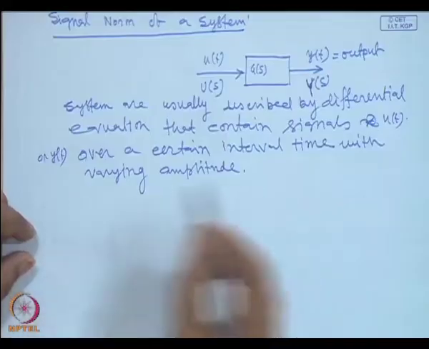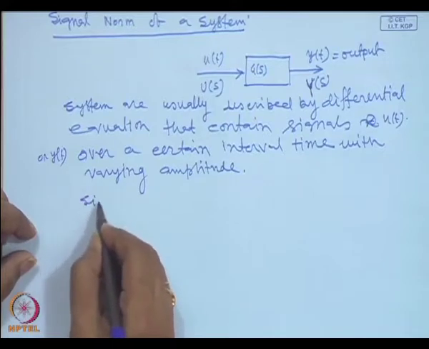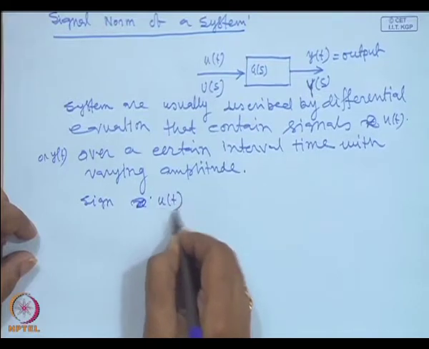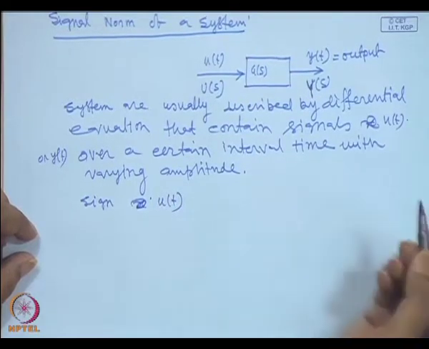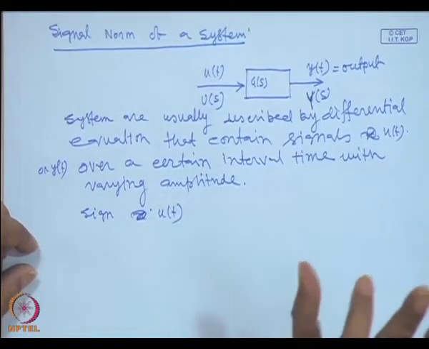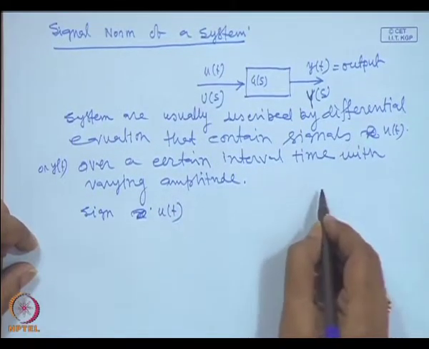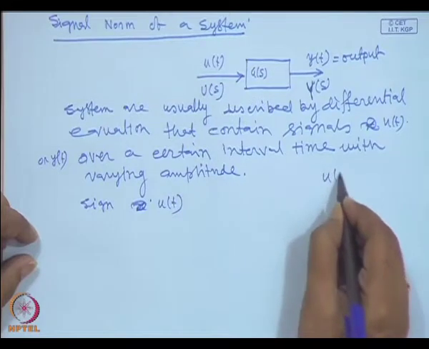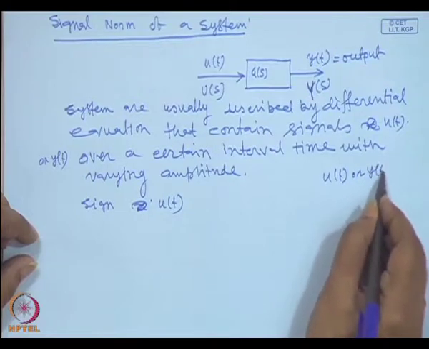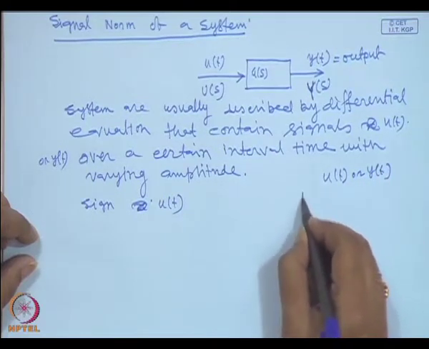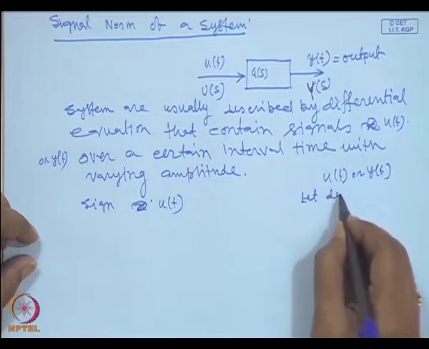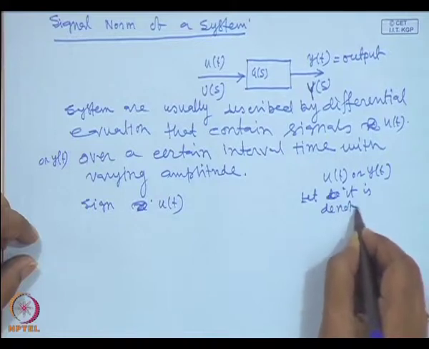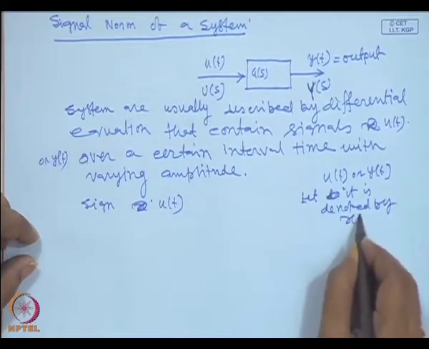And let us call the signal, if it is a scalar signal, u of t or y of t, we denote by x of t.